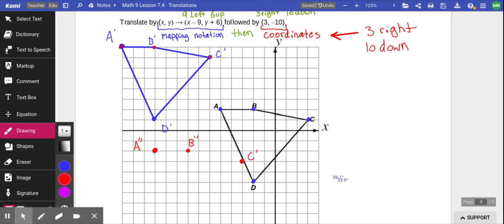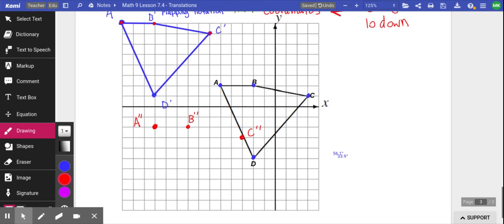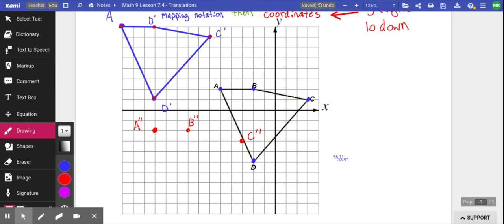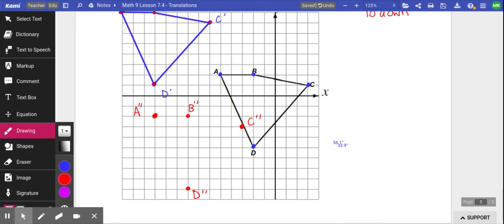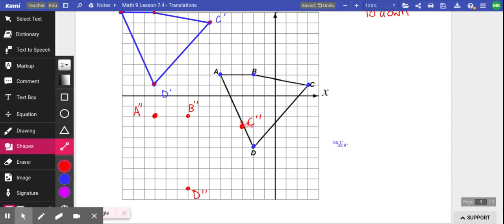That's C double prime. And then if I did the same thing to D, I go 3 right and 10 down. I should get right here. D double prime. And then again, you connect the dots to show your actual shape translated, not just the corners.